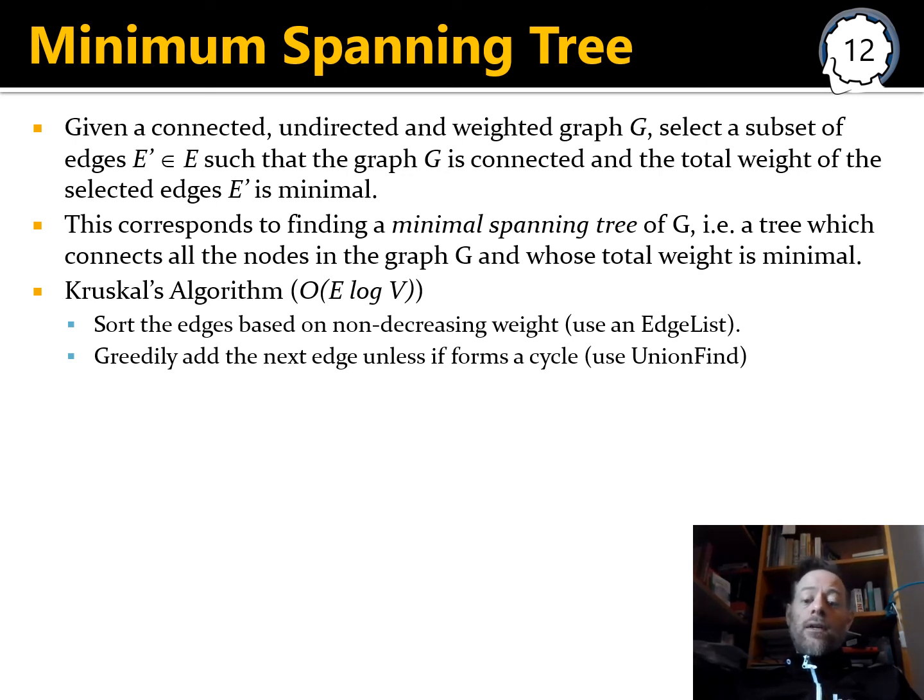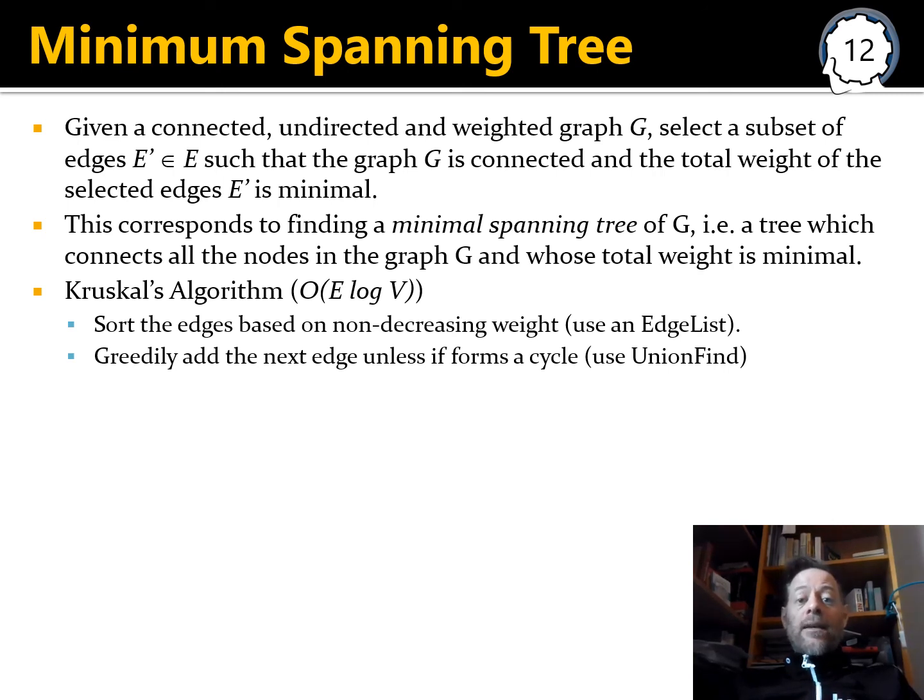And this we can do with the union find data structure. We're basically keeping track of this. We start out with each node being a separate set. Then we check if we add this edge, so basically if we do the union of these two nodes, are these two nodes already connected? If they are in the same set, it means that they are already connected, and we don't add this edge.